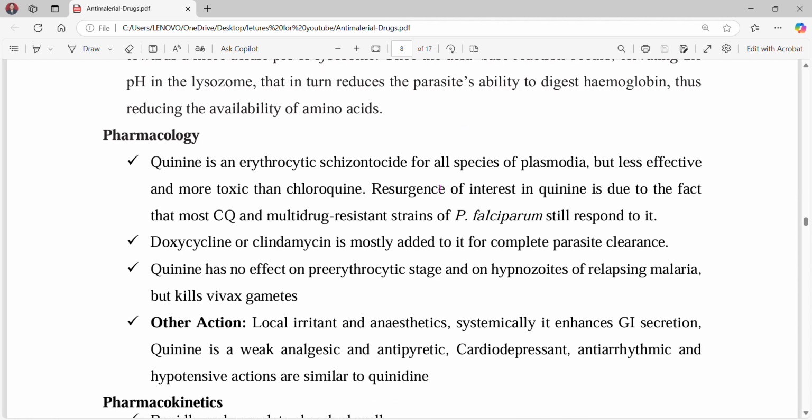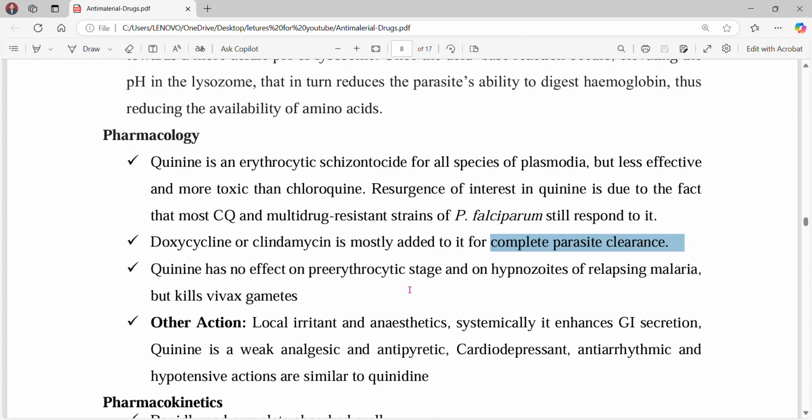Quinine is an erythrocytic schizonticide of all types of Plasmodia, but it is less effective and more toxic than chloroquine. Doxycycline and clindamycin are usually added to complete the parasite clearance. That means quinine sulphate is every time coupled with doxycycline and clindamycin to give complete parasite clearance.